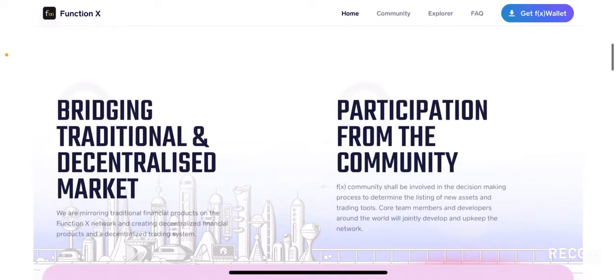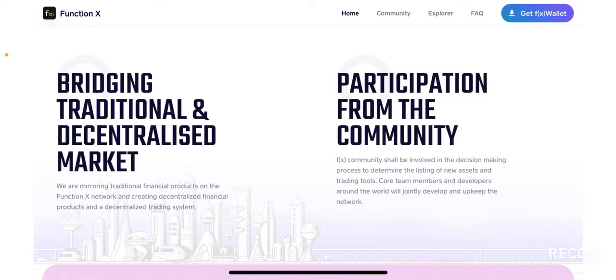And if you see here, what they're basically trying to do is bridge traditional and decentralized markets. We are mirroring traditional financial products on the Function X network and creating decentralized financial products and a decentralized trading system. So their main goal is to bridge traditional and decentralized markets.